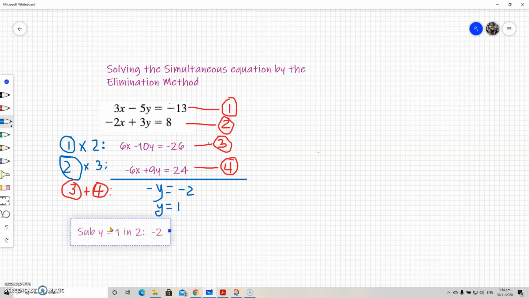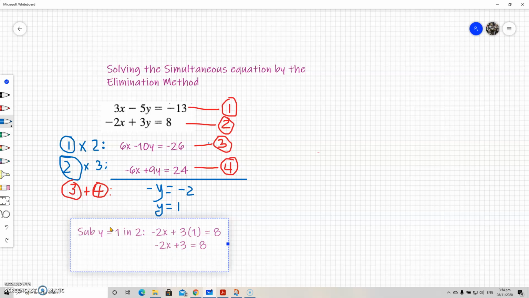I get minus 2x plus 3 times 1 equals 8. So this gives me minus 2x plus 3 equals 8.